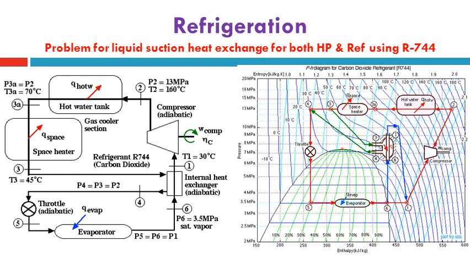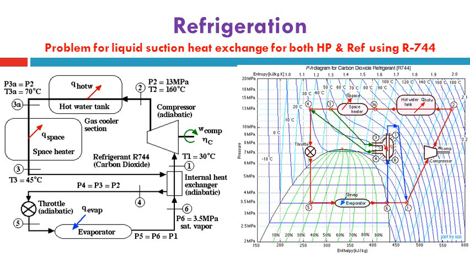In this slide, we have plotted all the cycle corners for the line diagram shown on the left hand side, and its presentation on the pH diagram of CO2 is shown on the right hand side.